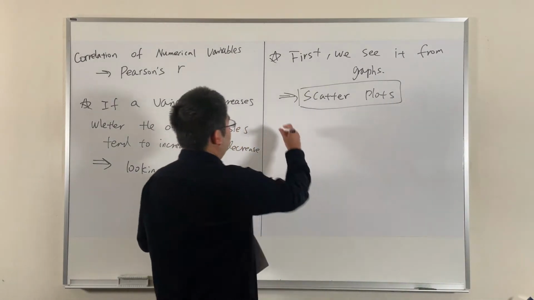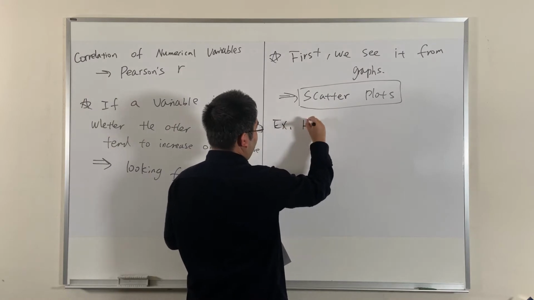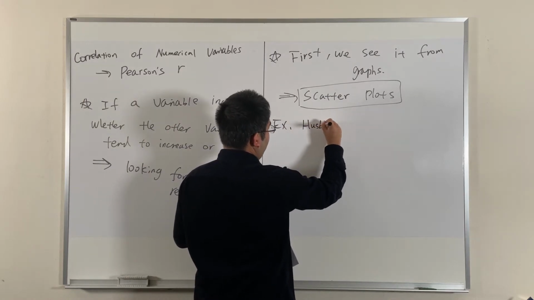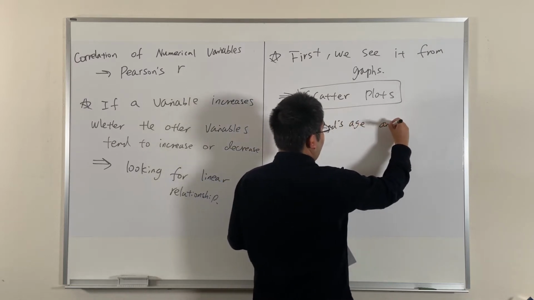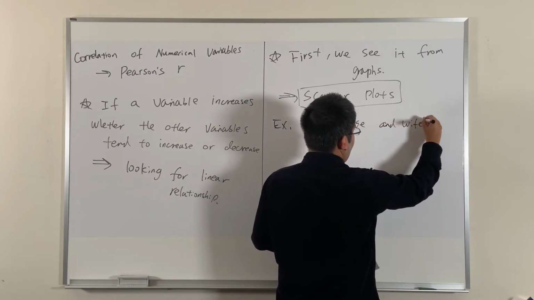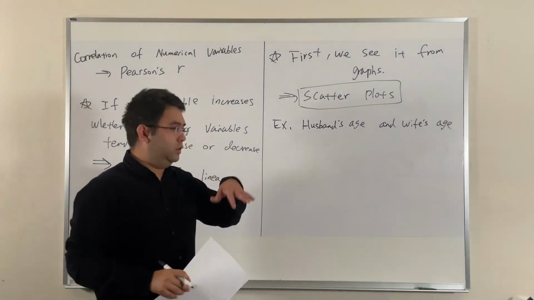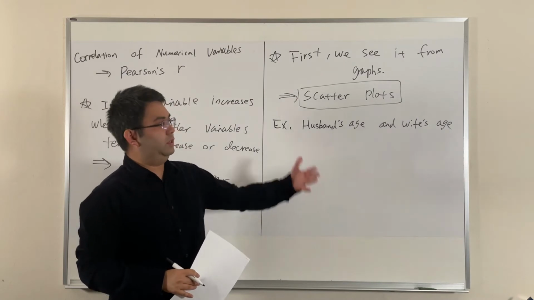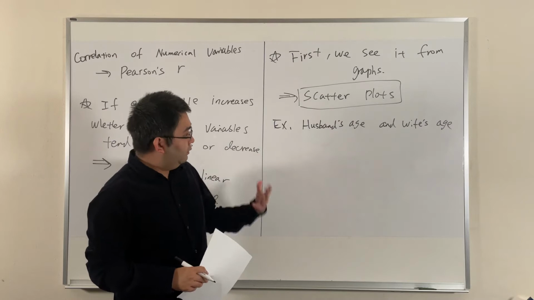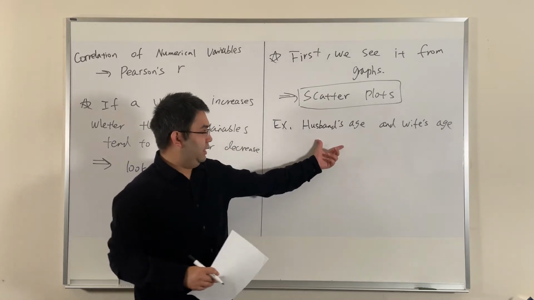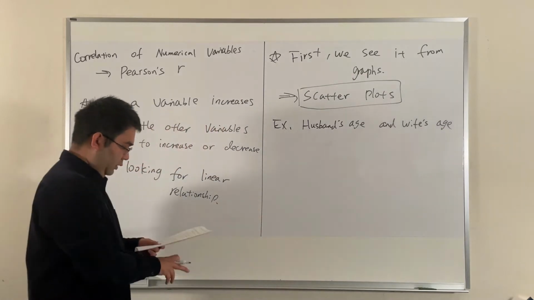Okay. So the example we're looking at is husband's age and wife's age. Basically we have a family. We get the husband's age and then we get the wife's age, and then we're going to put them together. So the first variable is husband's age, another variable is wife's age. Okay, very good.